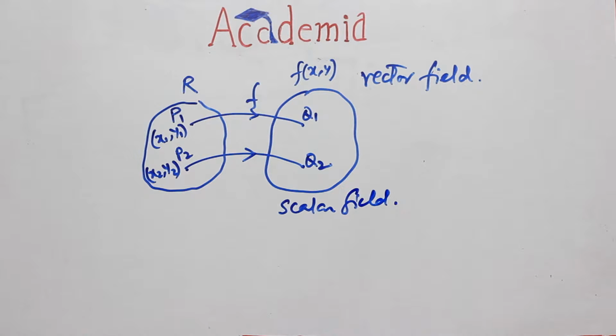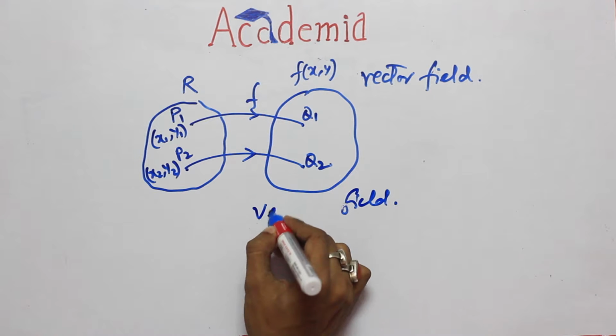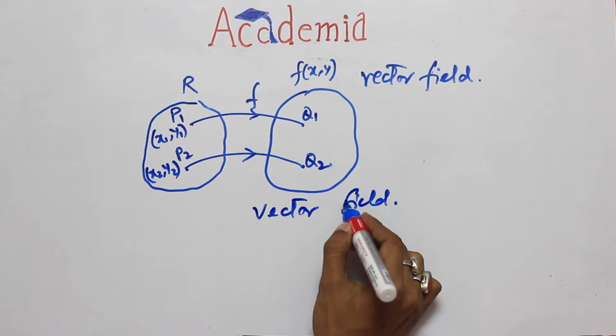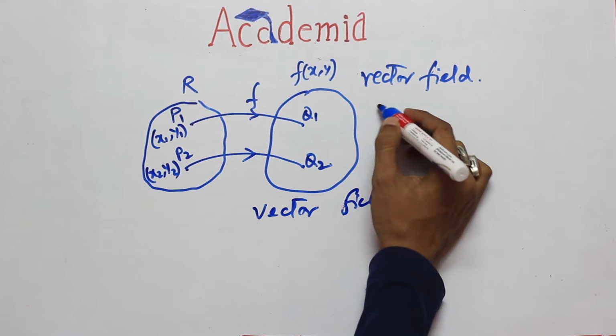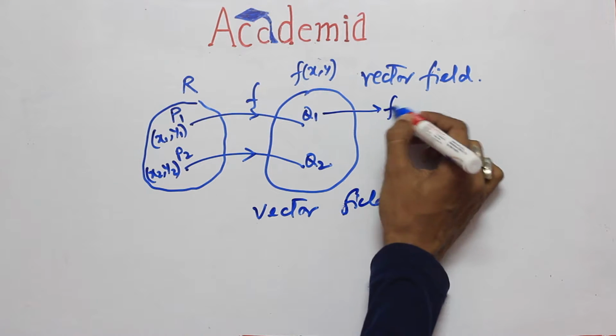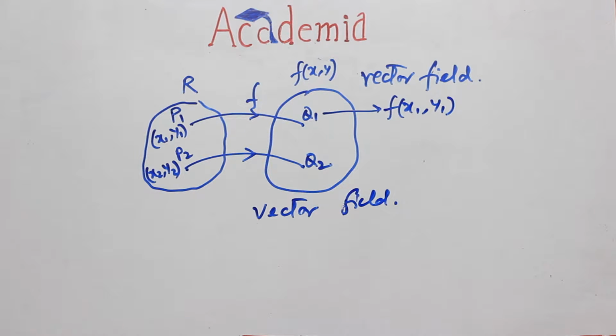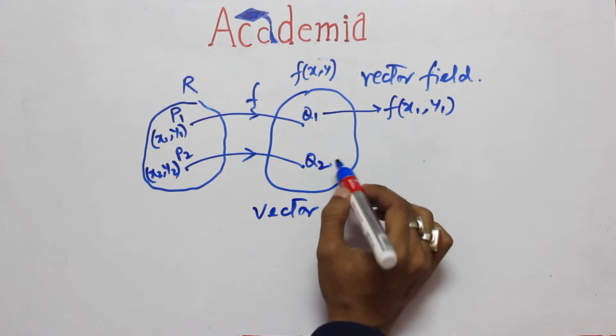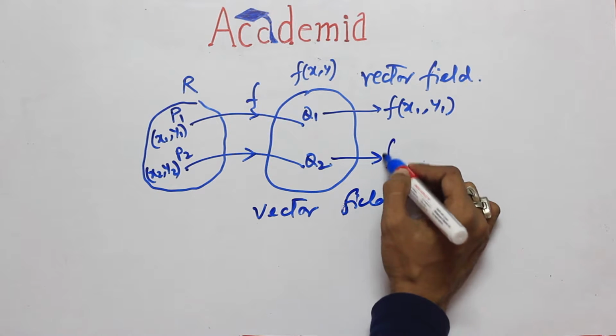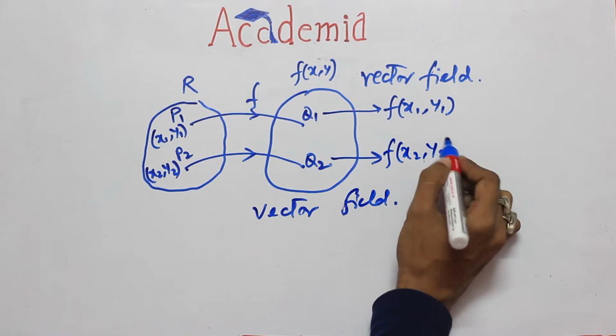Now, if each point within f(x,y) has distinct values as well as different directions associated, then f(x,y) is said to be a vector field. So, in this vector field, q1 has a value f(x1, y1) and a direction, while q2 had a different value f(x2, y2) and a different direction.